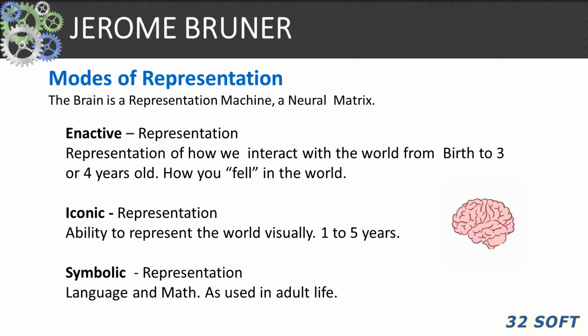Bruner spoke of modes of representation in which, he said, the brain was a representation machine, a neural matrix consisting of enactive representations, those that occur from birth to 3 when we feel the world, to iconic representations, or the ability to represent the world visually, 1 to 5 years, to symbolic representation, that is, language and math as used in adult life.